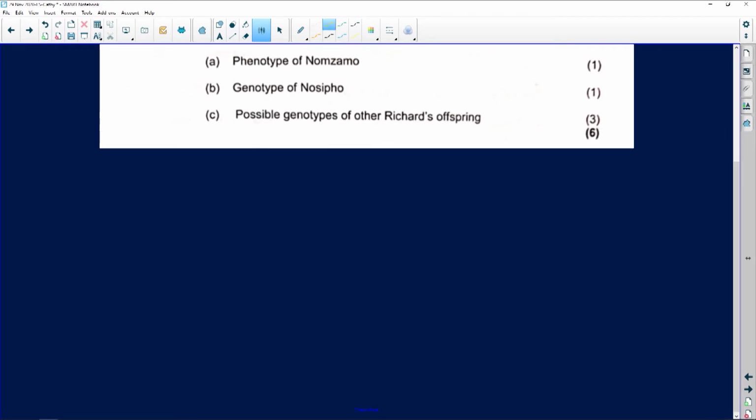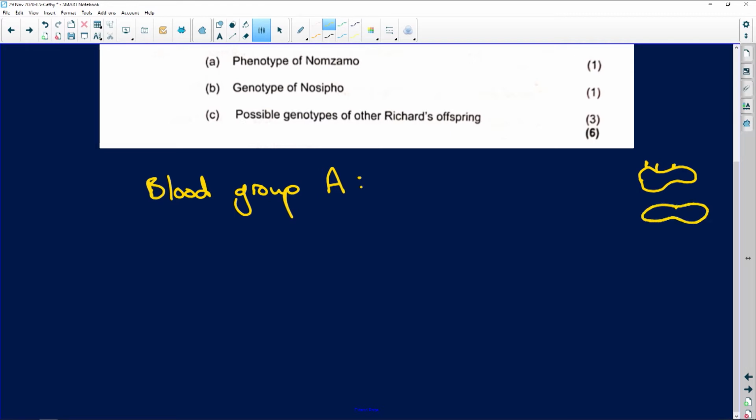So we have blood group A. It's all to do with the proteins that we find on the little red blood cell. If there are no proteins on the red blood cell, none, then it is blood group O. So how do we write it?